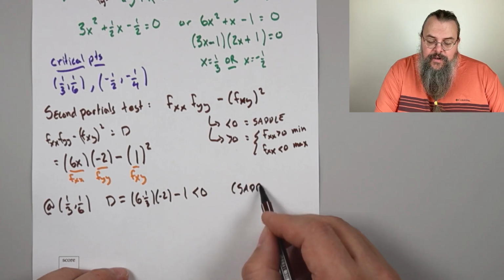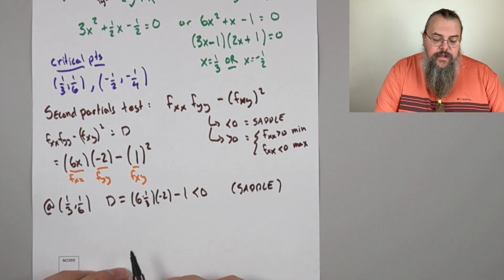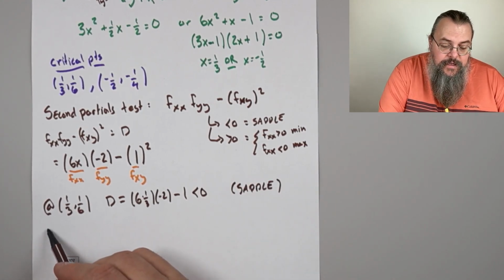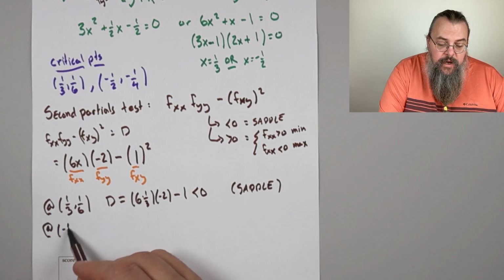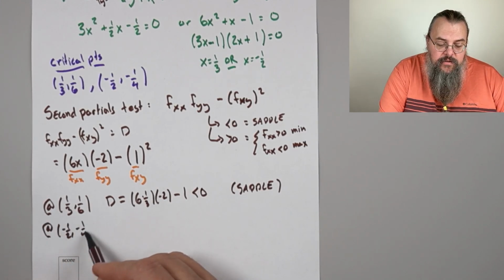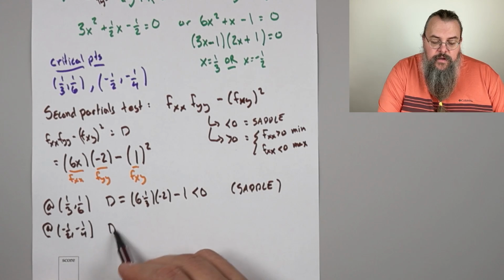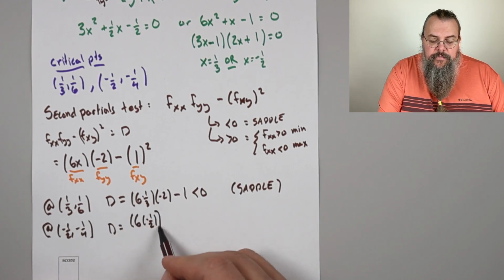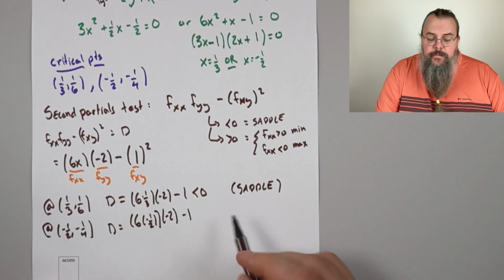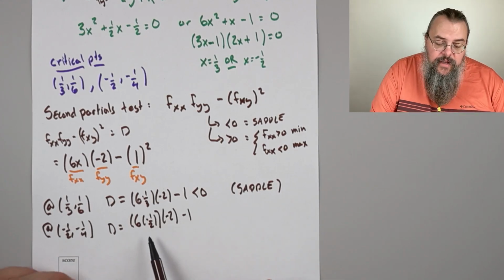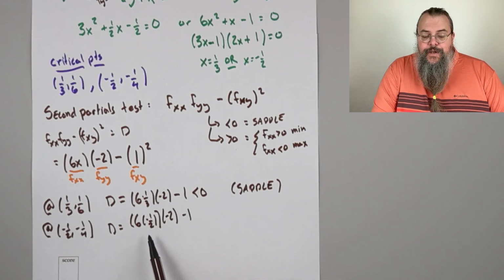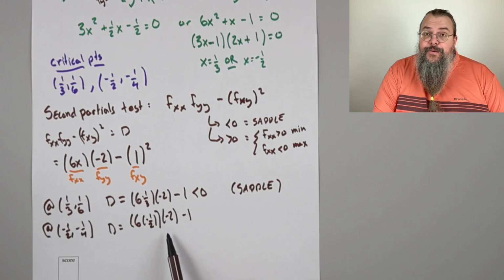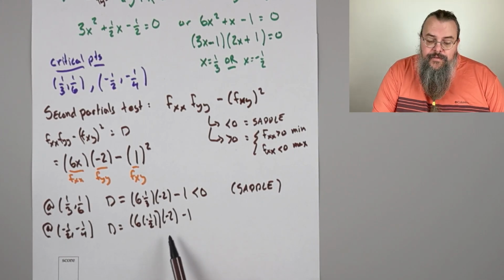That's our point. Okay, and then if we plug in -1/2, -1/4, well, what happens? We get 6 times -1/2 times -2, subtract 1. Now 6 times -1/2 is -3. -3 times -2 is +6.